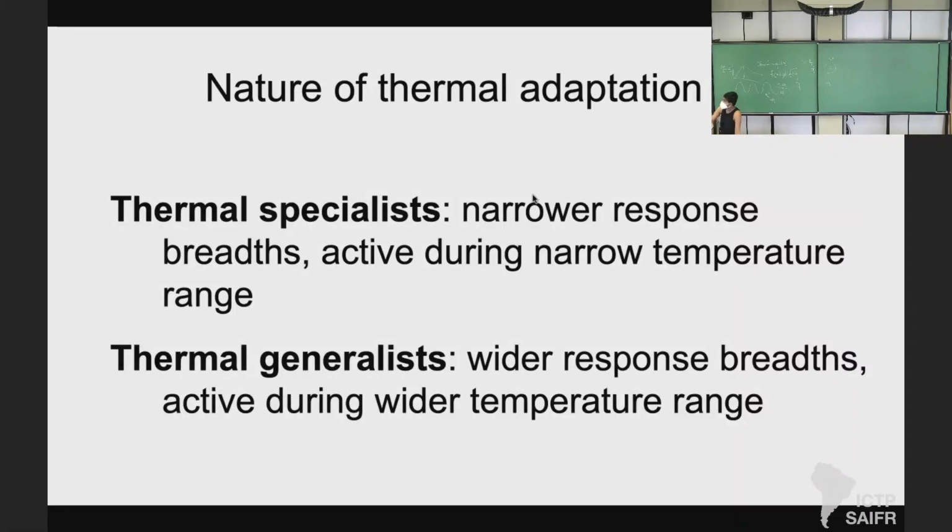Then there's another aspect to thermal adaptation. Thermal specialists have narrower response breadths, so they're active during a narrower temperature range. Generalists, on the other hand, have wider response breadths, active during a wider temperature range. That's like us surviving when we go to Minnesota or Wisconsin, or not surviving.